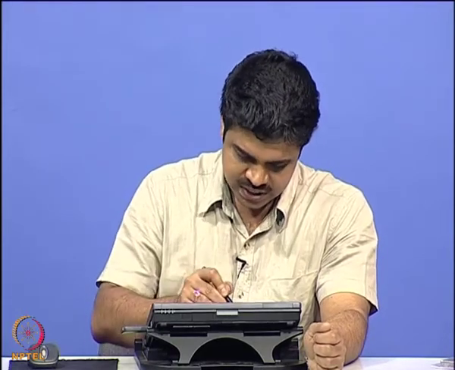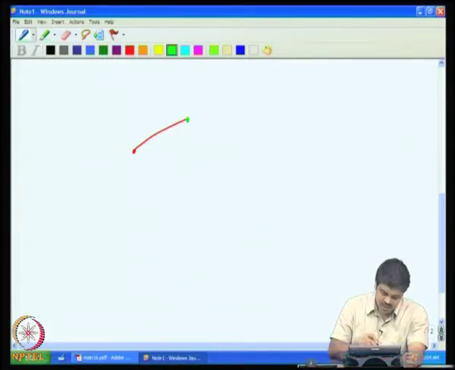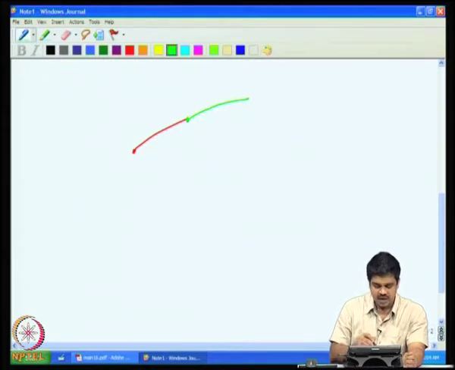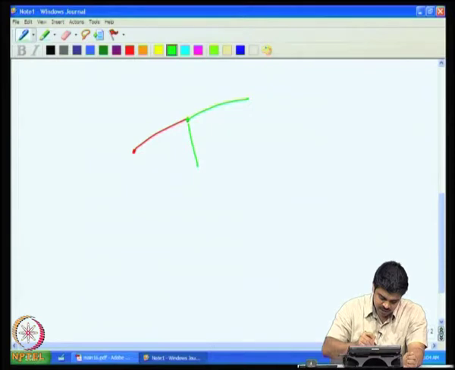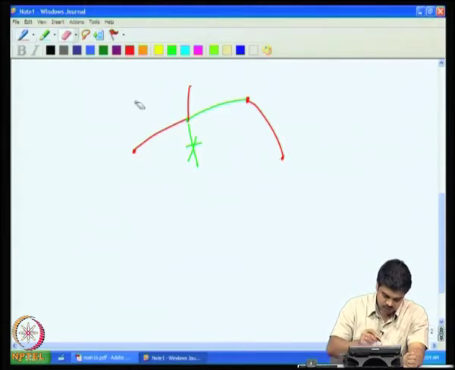Consider this vertex: there can be only one red edge and one green edge incident on it. It is not possible to have another red here, because that will not be a proper edge coloring. So, these are all wrong, this is not possible, right.